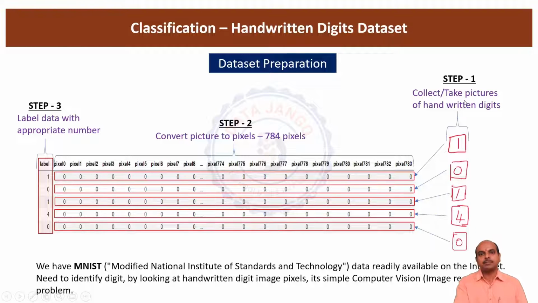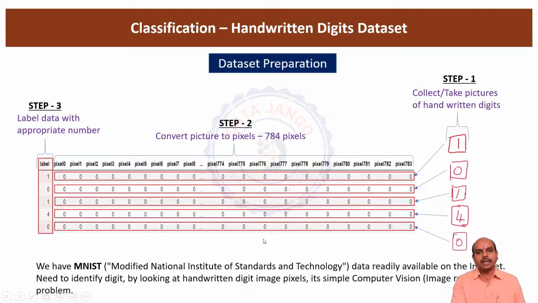Take a picture of it and then convert that picture into pixels. Here we are seeing 784 pixels from 0 to 783, and then flag it or label it, because as a human being, when you took the picture, you know whether the written number is 1 or 2 or 5 or whatever. Even if the person writes in a different way, we can understand as human beings. So flag it. This is called data collection.